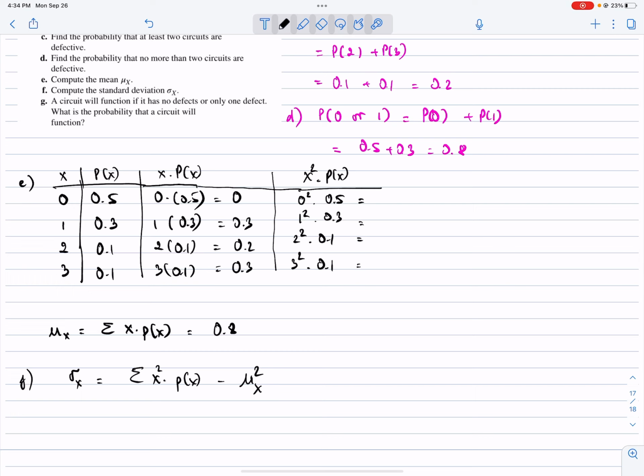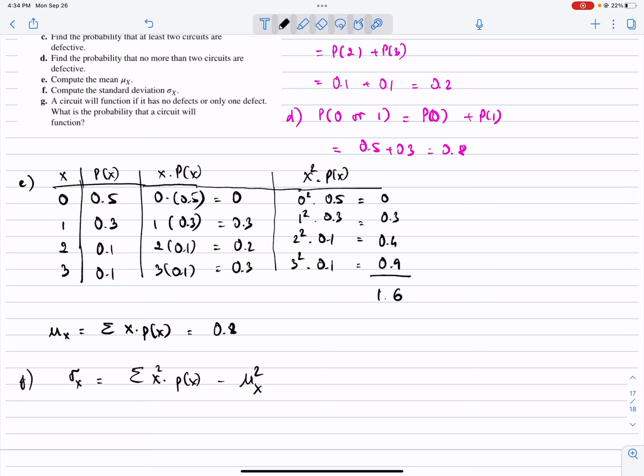Basically we just plug in the numbers. We use a calculator and we got 0, 0.3, 0.4, and 0.9. Then after we do the multiplication, we need to add them up because the formula says the sum.